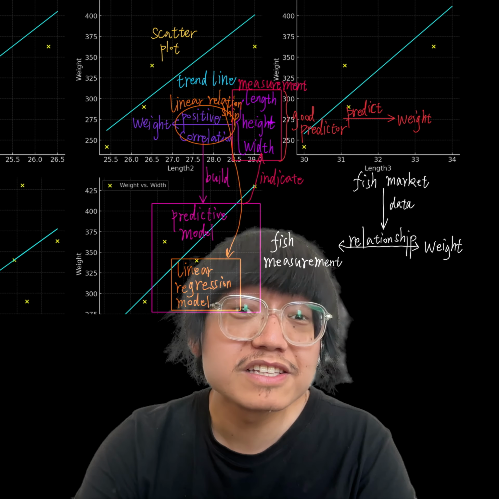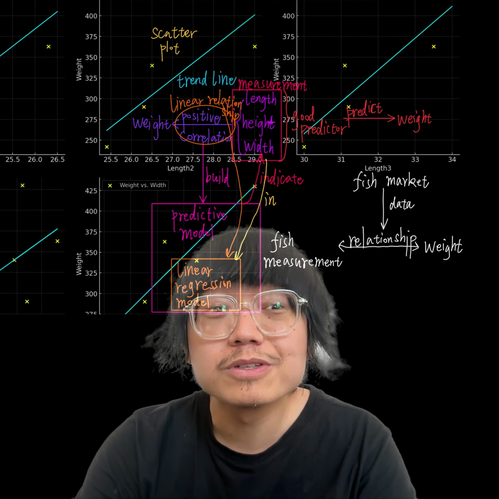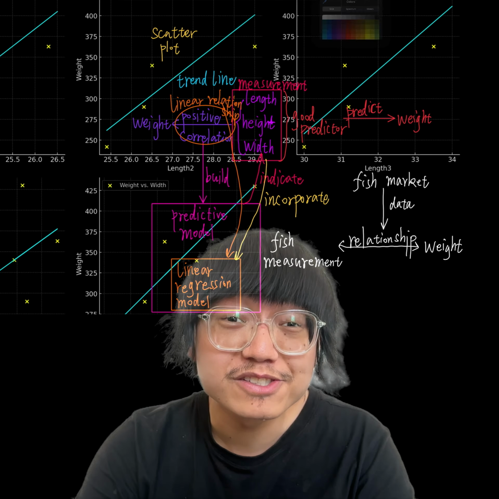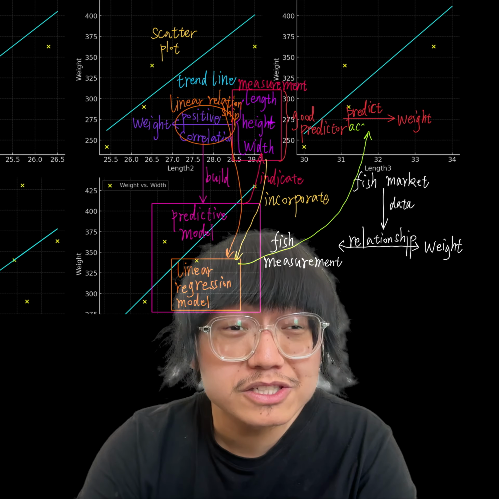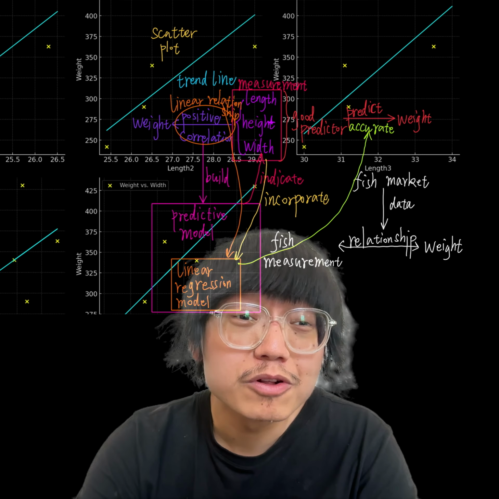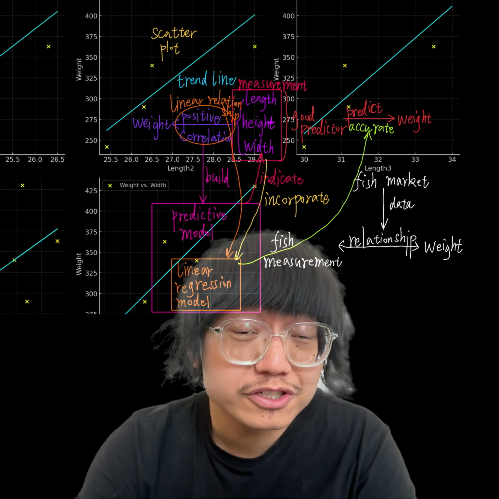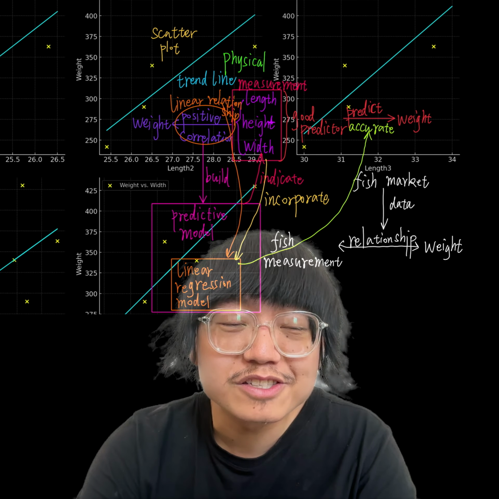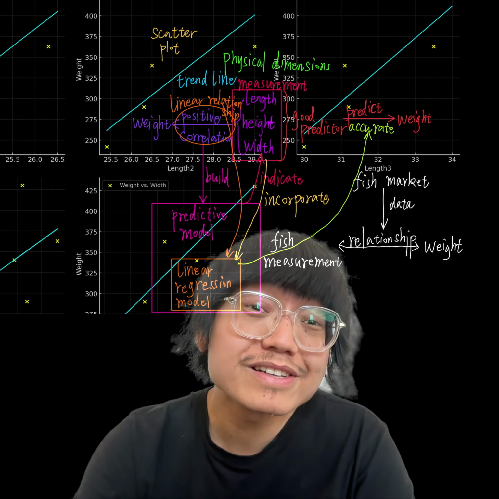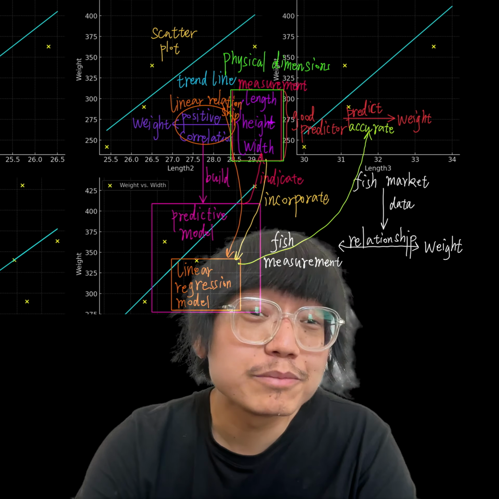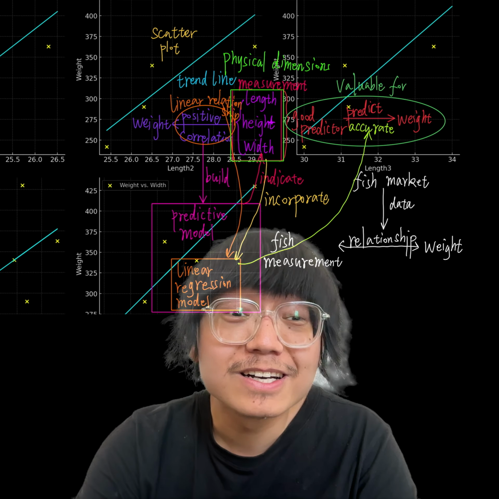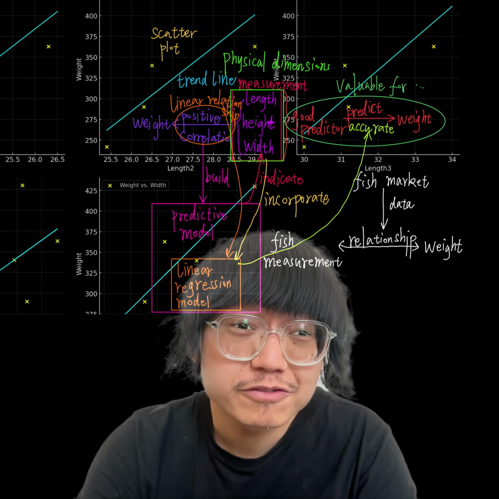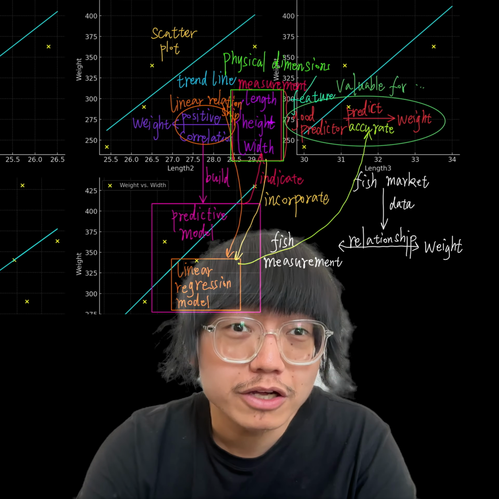Incorporating these measurements into a model could allow us to make accurate predictions of a fish's weight based on its physical dimensions, which could be valuable for both commercial fishing operations and biological studies. So this visualization helps us understand the importance of each feature in predicting the fish weight and assists in the initial exploration for building a predictive model.